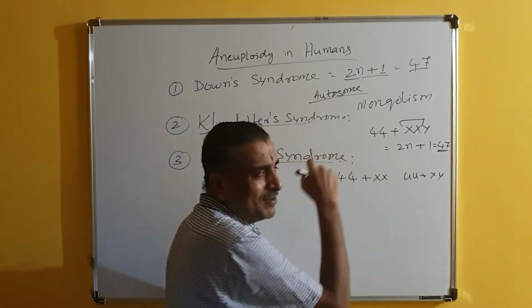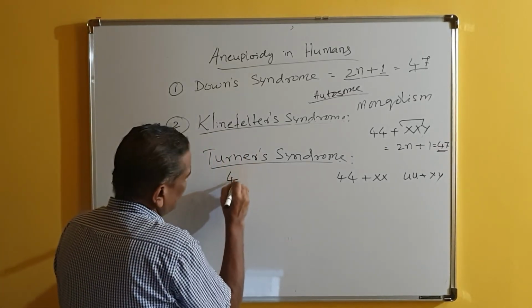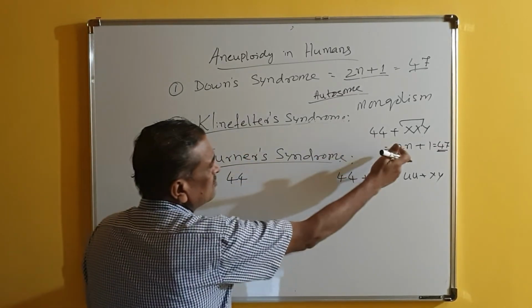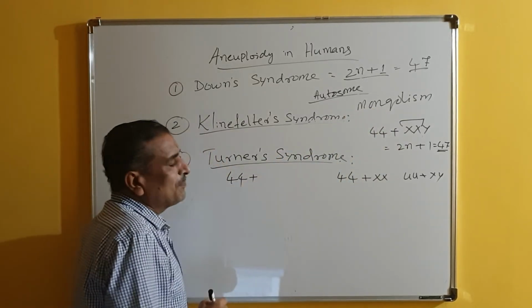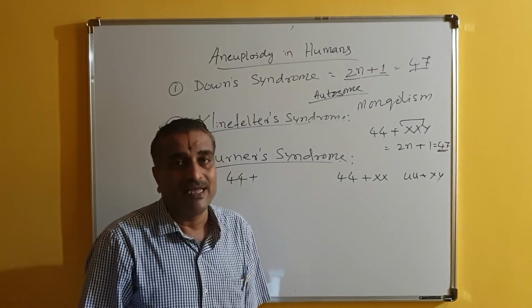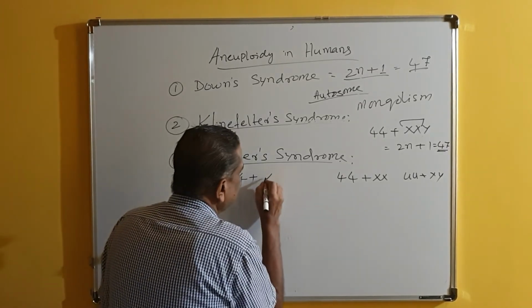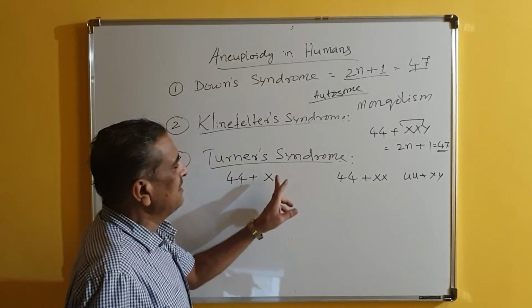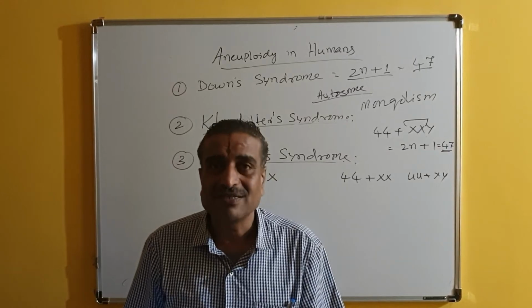But in Turner syndrome, 44 autosomes are there. There is no problem with the autosomes, but the problem is with the allosomes only. Only one X chromosome is present, neither Y nor the second X is present. Try to understand this.